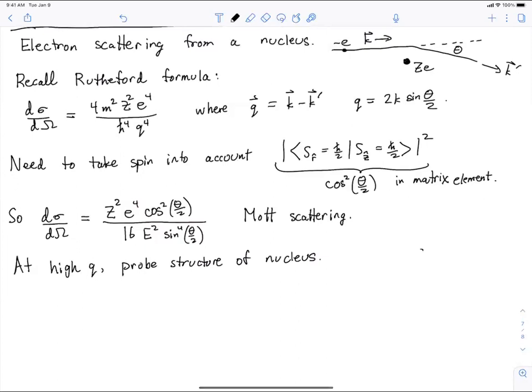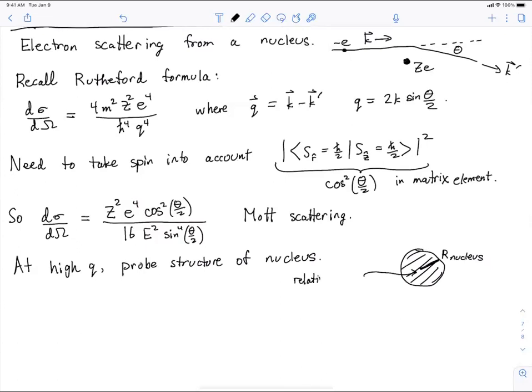Okay, so here's a cartoon, a picture of the nucleus. It's just some ball of charge here, and it's got some radius. Okay, and inside it, it's got a distribution of density.